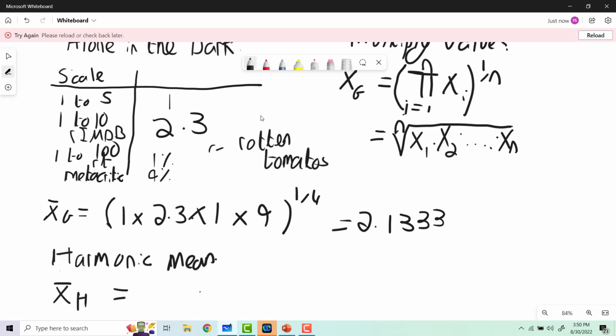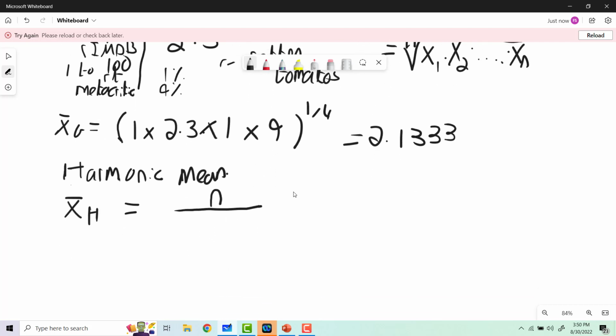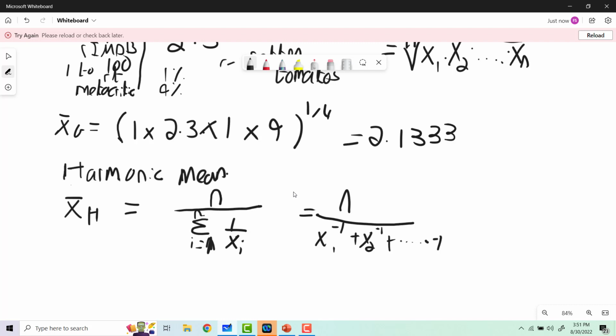And this is basically equal to n all over the sum from i equals 1 to n of 1 over xi, i.e. n over x1 to the minus 1 plus x2 to the minus 1 plus, up to, xn to the minus 1.